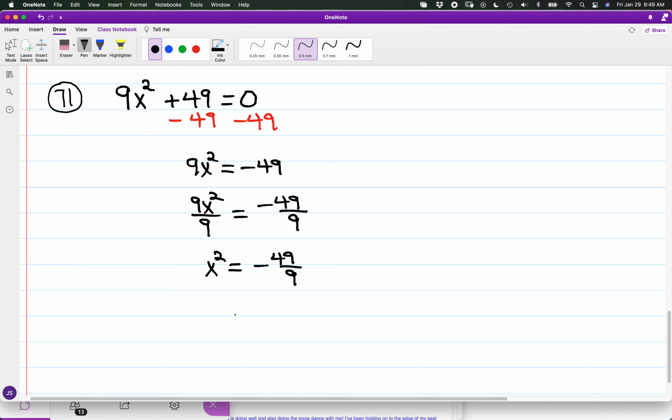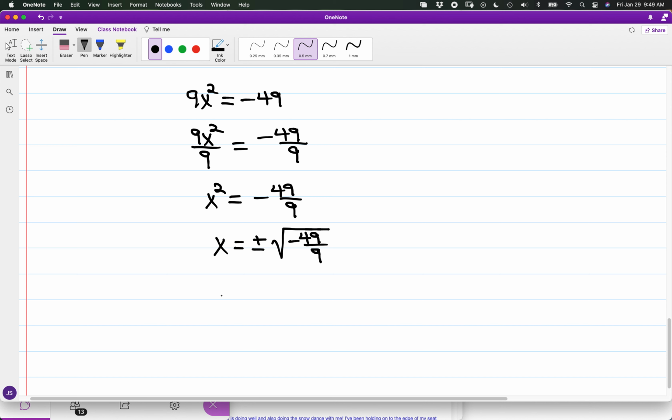And with the reapplication of the square root property of equality, we have that x is equal to plus or minus the square root of negative 49 ninths. I'm just going to extend this a little further. We have the square root of a negative, and so I can draw out the letter i. So I have the square root of 49 ninths i, and for x we have plus or minus.